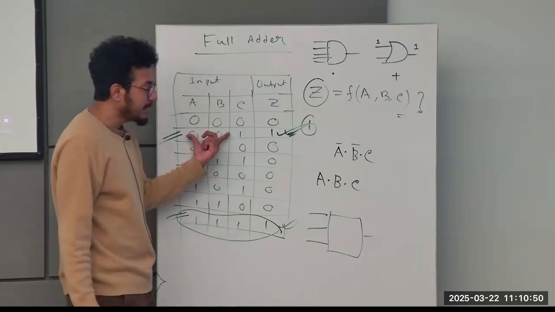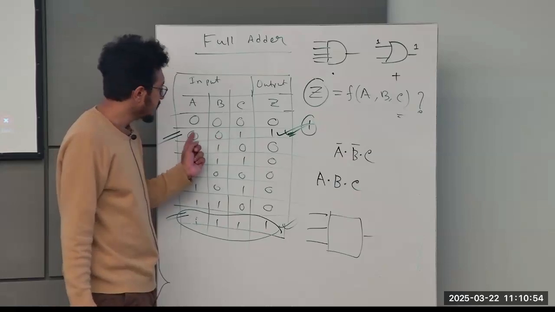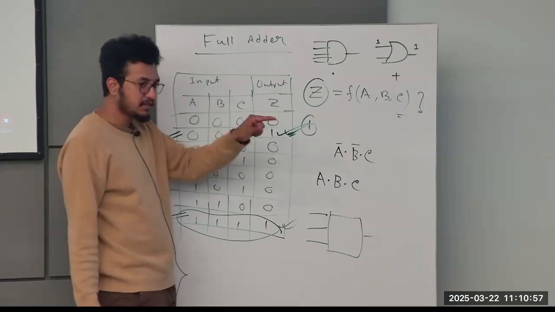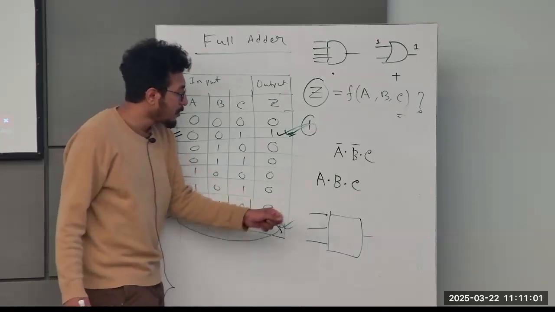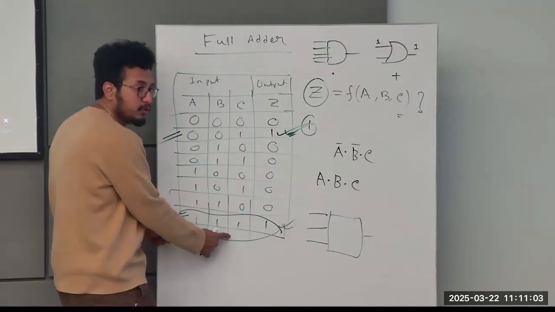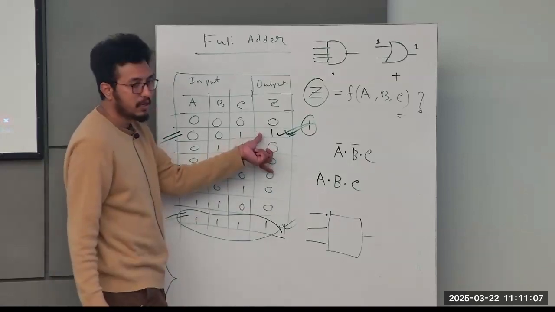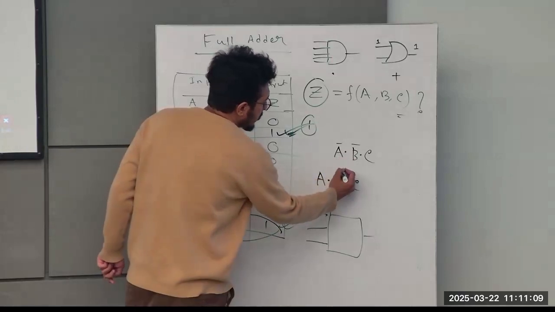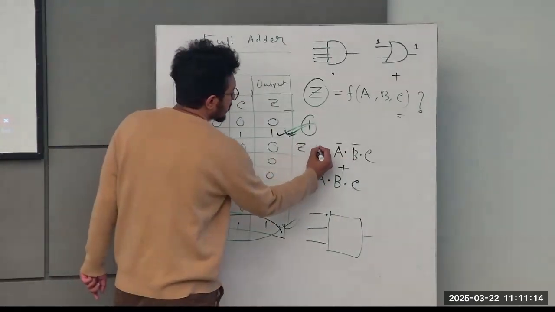Can these two combinations happen simultaneously? No. If A is 0, B is 0, C is 1, then you have that specific combination. This cannot happen. But we want the output 1 for both of these, right? If this happens, or this happens, we want to get what? So now, add a coordination list. This is our Boolean expression.